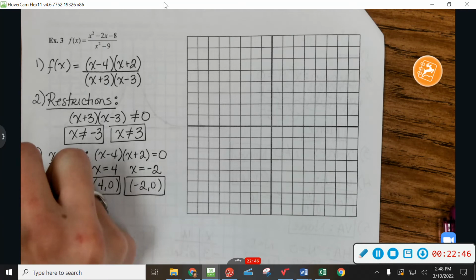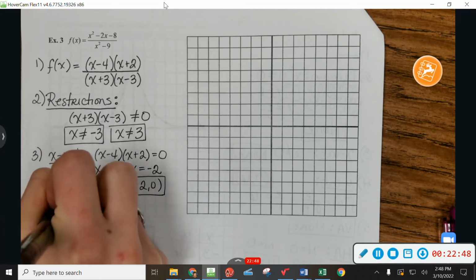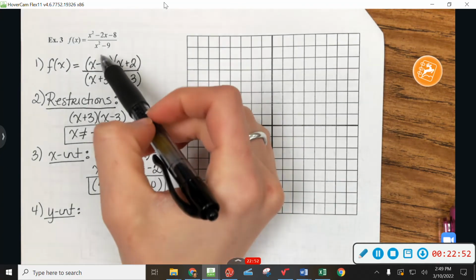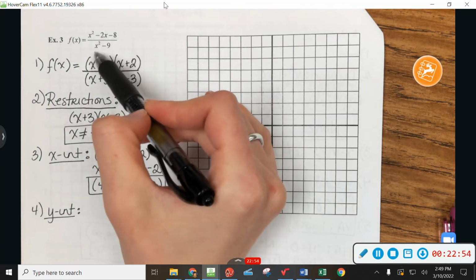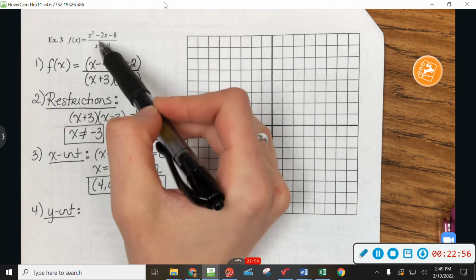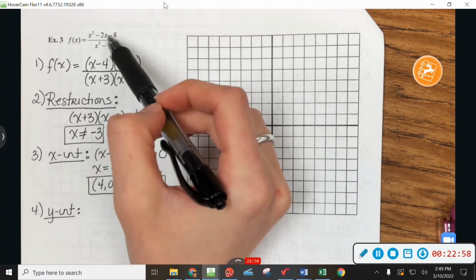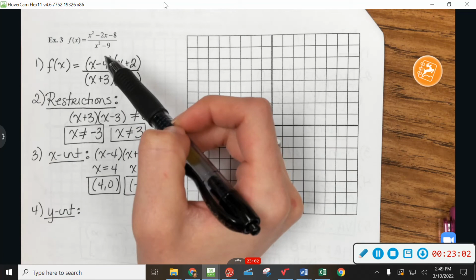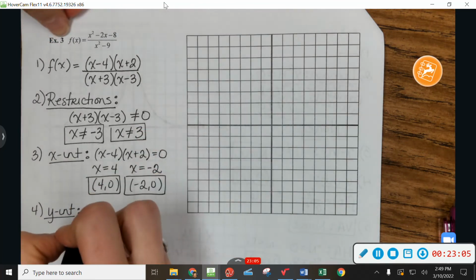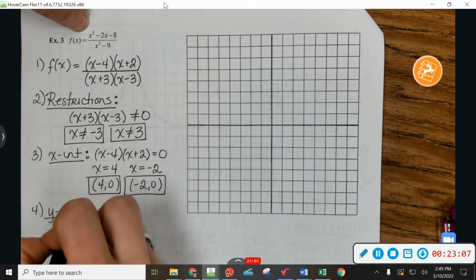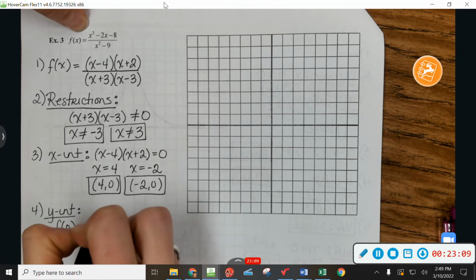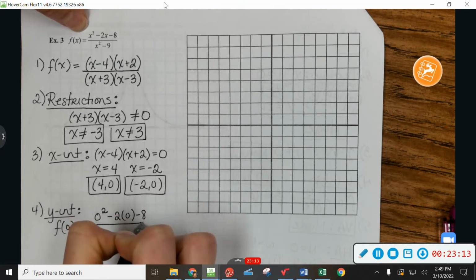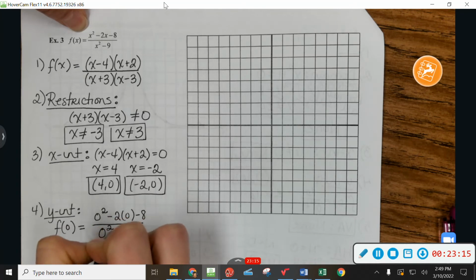Okay, when I solve for my y-intercept, I like to plug it into my original because I know everywhere there's an x, that's going to go away. So it's more visual for me than plugging it in here. Either way, you're going to get the right answer. Okay, so I'm going to take x equals 0, and I'm going to have 0 squared minus 2 times 0 minus 8 over 0 squared minus 9.